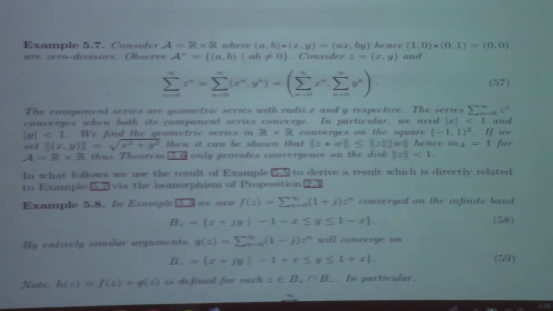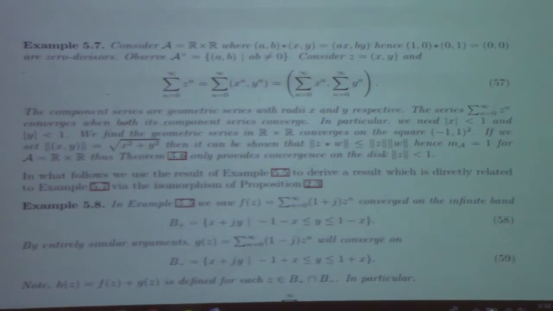The weighted, yeah, this is the kind of boring weights, but yeah. So theorem 5.6 would only provide convergence on the disk which is inscribed within this, right?